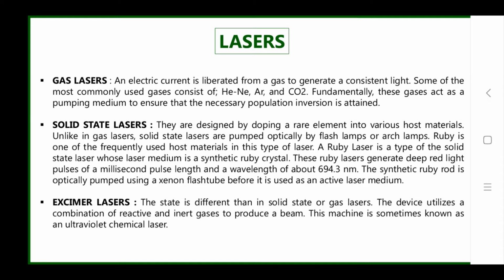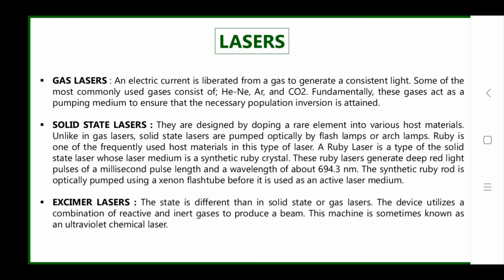These ruby lasers generate deep red light pulses of millisecond pulse length and a wavelength of about 694.3 nanometer. The synthetic ruby rod is optically pumped using a xenon flash tube before it is used as an active laser medium. So this is about solid state laser.